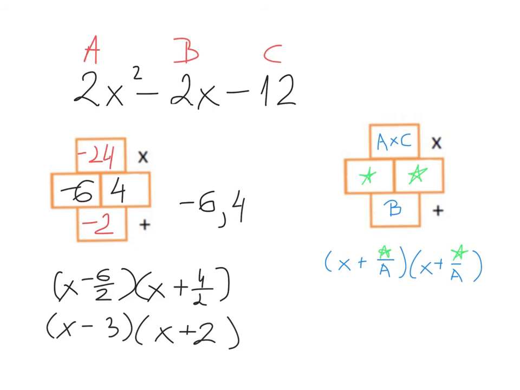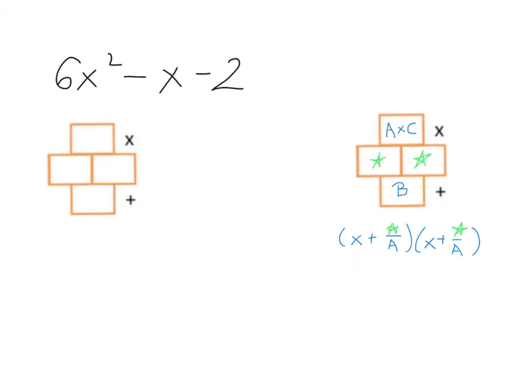Okay? And this is the last example I want to show you. The same, a, b, c. Let's fill bricks in. On the top, a multiplied by c. 6 multiplied by minus 2 gives you minus 12. Bottom number, minus 1. Remember, if there is just a minus, that means it's minus 1 in here.